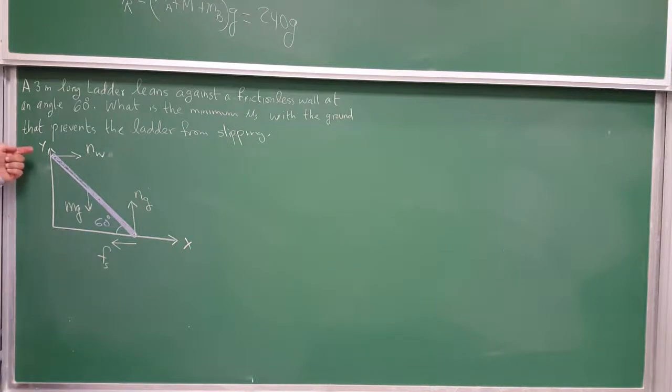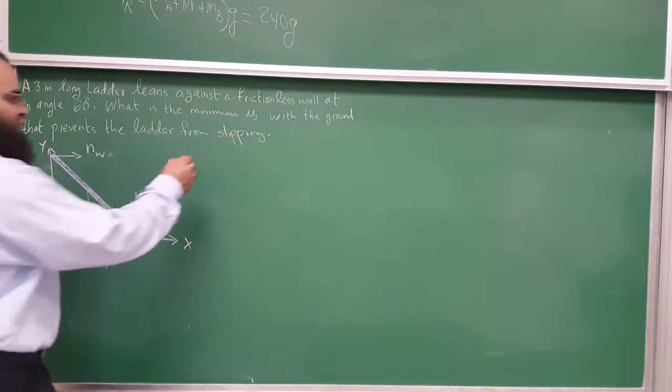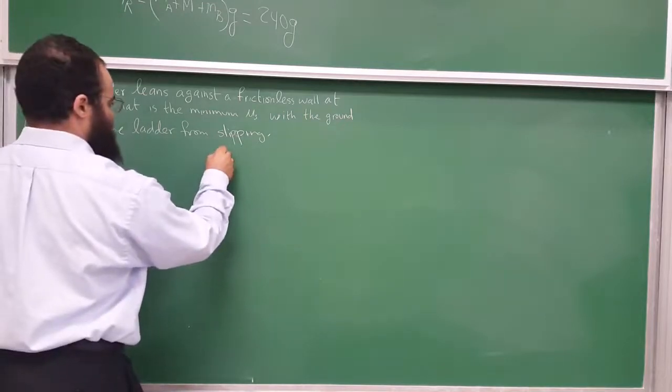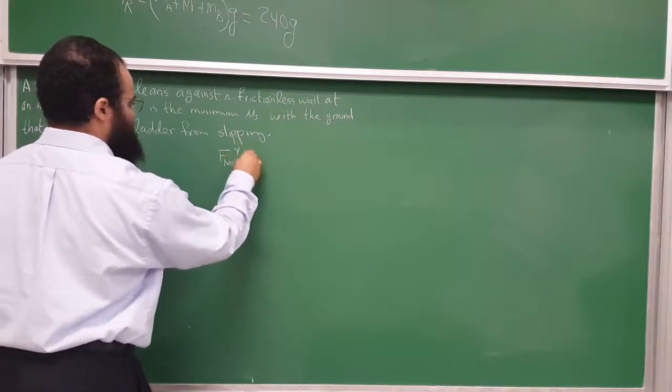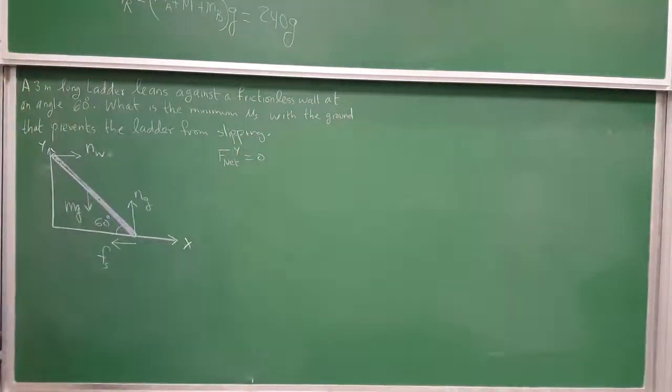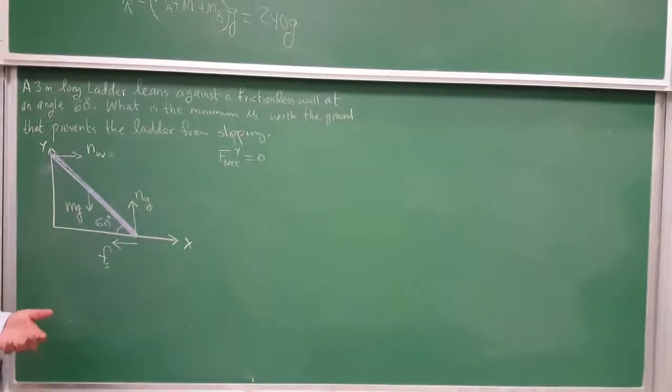Because if you have just the normal force from the wall, that's a net force to the right, you have to have a force from the left to cancel that. So the net force in the y direction has to be 0. That's the requirement for static equilibrium. The net force has to be 0 in both the x and the y direction.